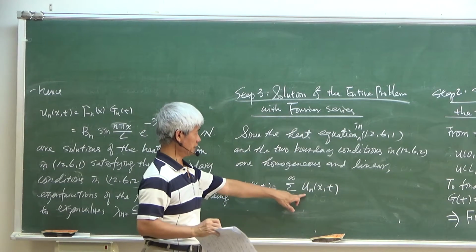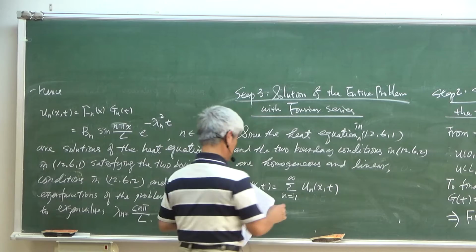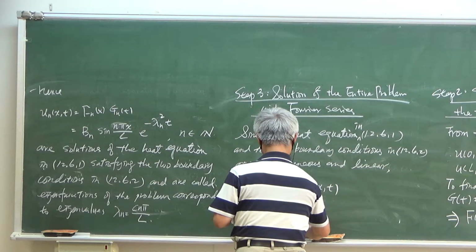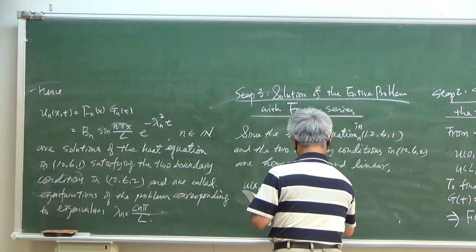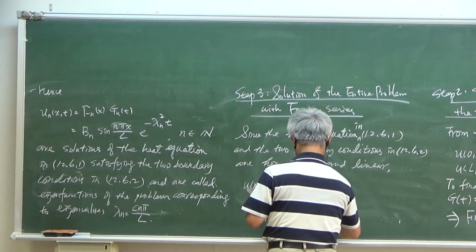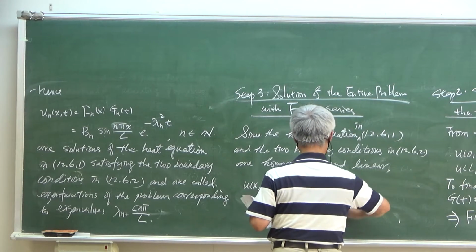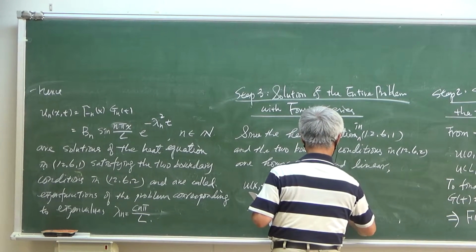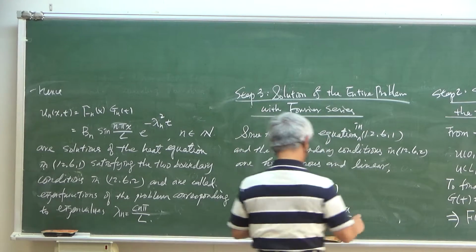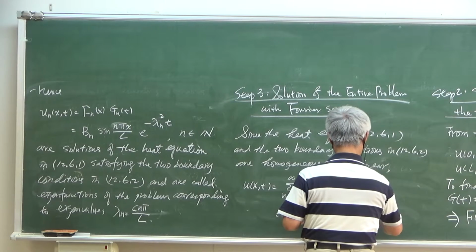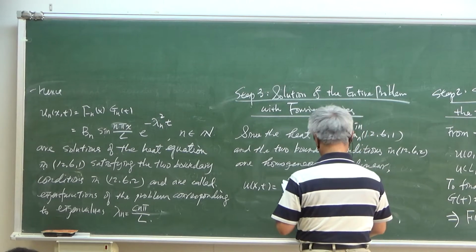So we take the superposition of the eigenfunctions. This is the sum of Bn sine n pi x divided by L exponential minus lambda n squared t. Okay.